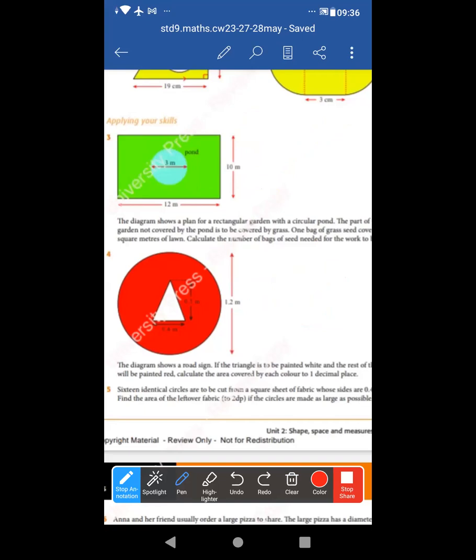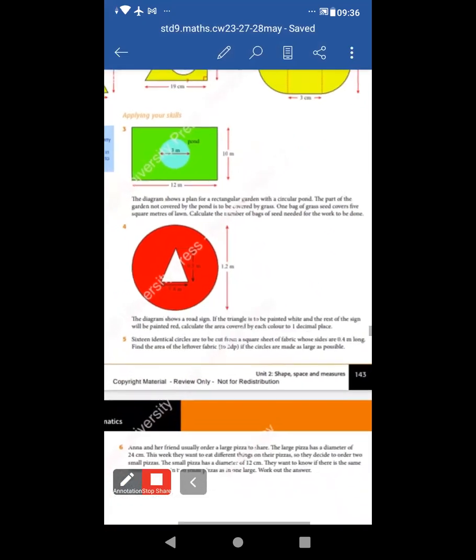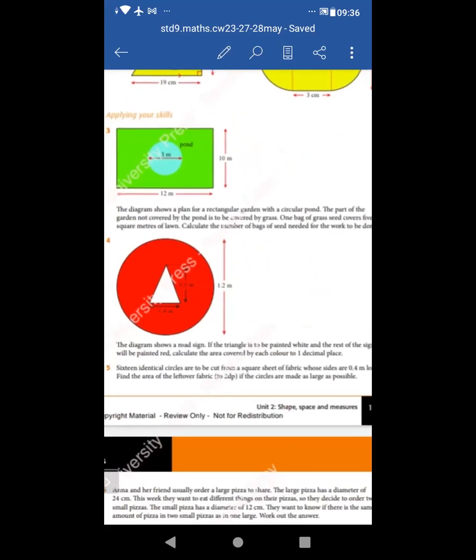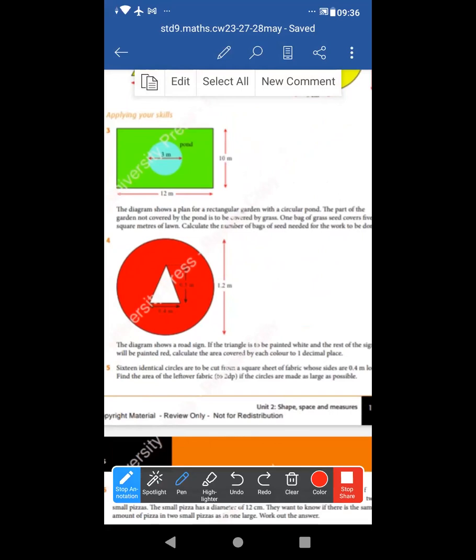Next, there is one more question. Just look. One bag of grass seed covers 5 square meters. That means how many bags we require? Suppose we have to cover this whole remaining part by using some bags of grass.